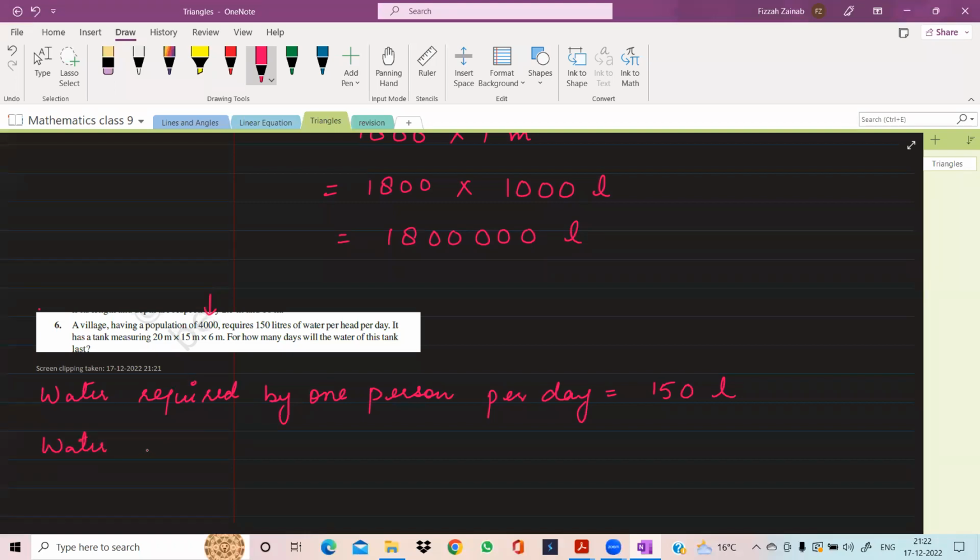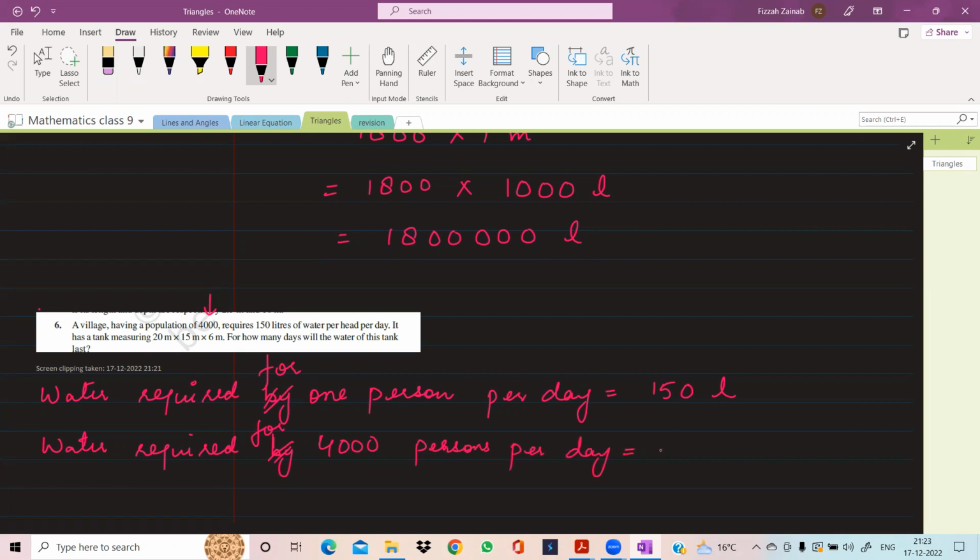So water required for 4,000 persons per day. Right?